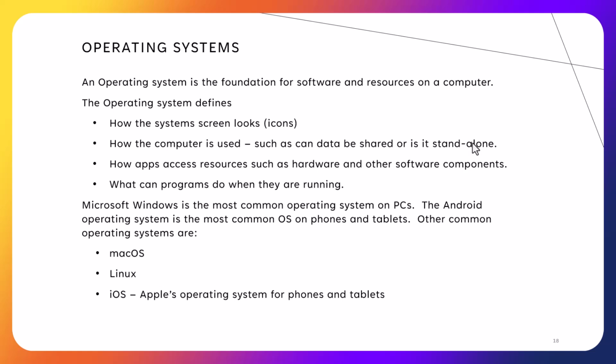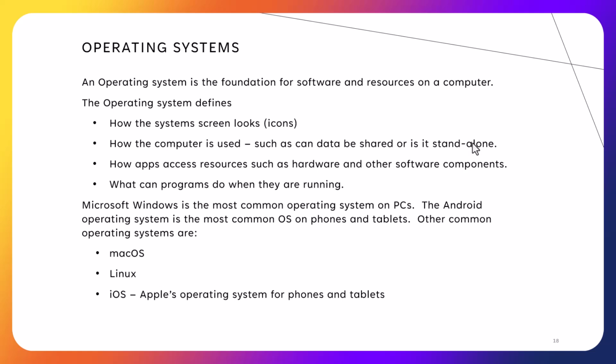Operating systems are the foundation of our computer, and they manage all of the software resources on our computer. So the operating system defines how the system screens look and what our icons look like. Do we have icons? There might be a command line system, which we'll talk about shortly. How is the computer used?